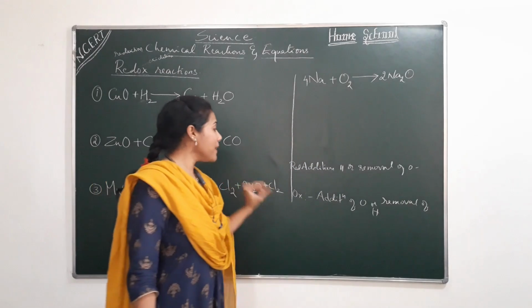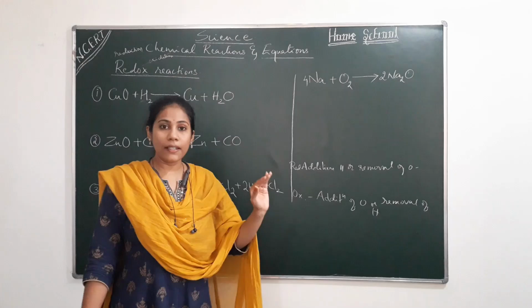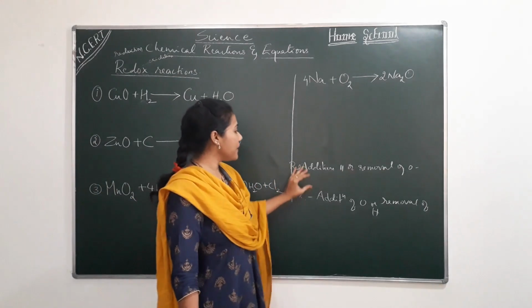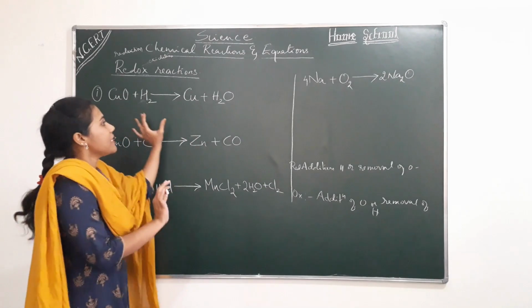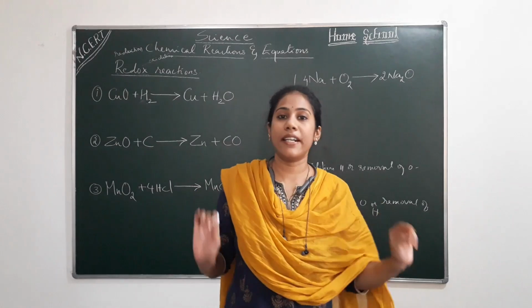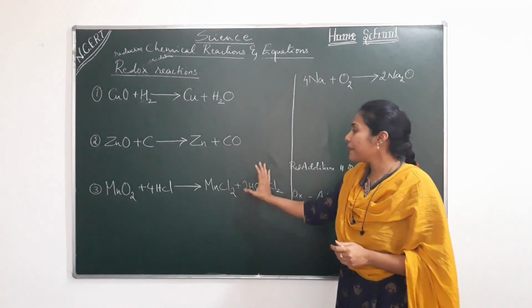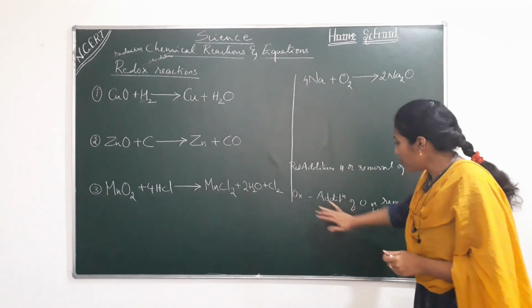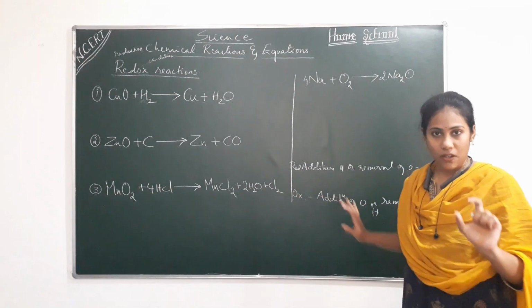Okay, so you must get perfect with these meanings. Once you become perfect with these meanings, the rest of the work is very simple. You just have to look at and analyze a chemical reaction and decide the answer. So before analyzing and understanding a chemical reaction, definitely you must know the meanings of reduction and oxidation.